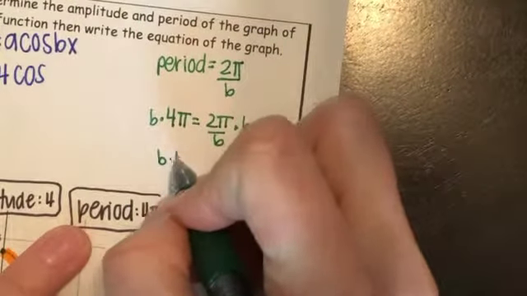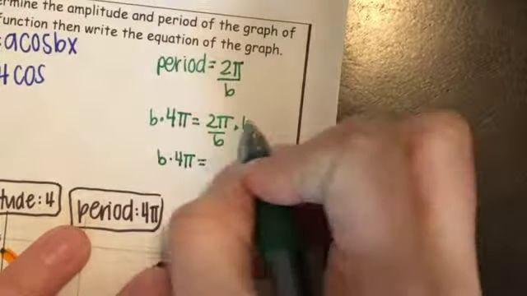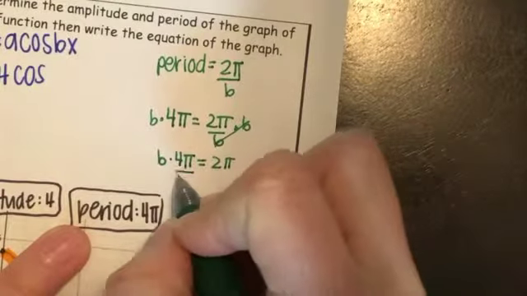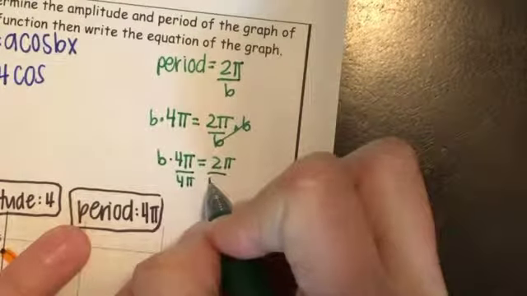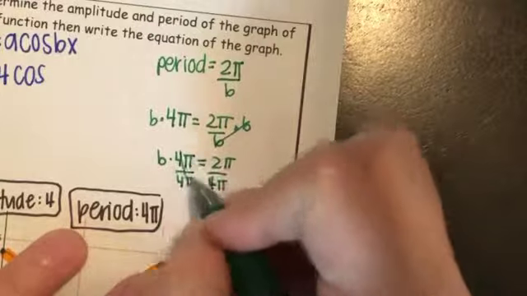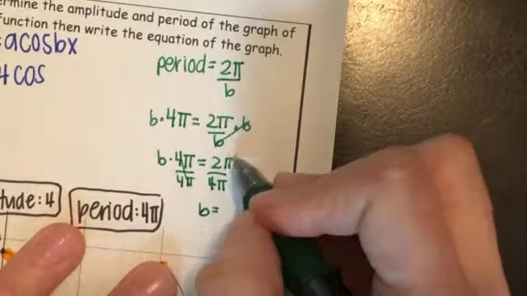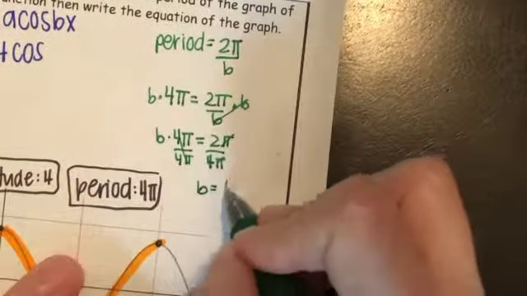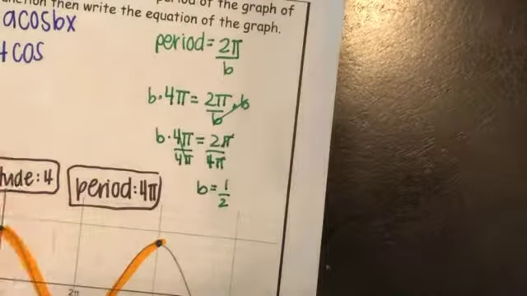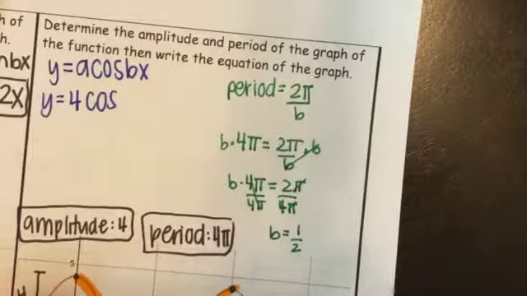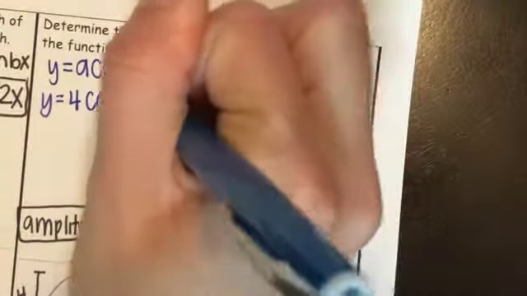I get b times 4 pi is equal to 2 pi. So I divide by 4 pi on both sides, and I get b is equal to, pi's cancel, 2 over 4 is 1/2. So my b value is 1/2, and I'm going to write that for b, 1/2 times x.